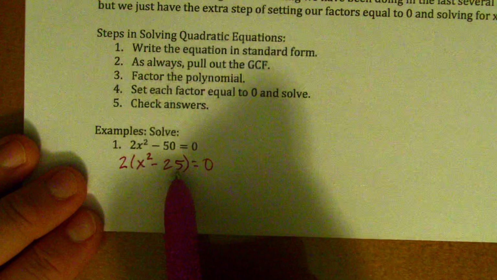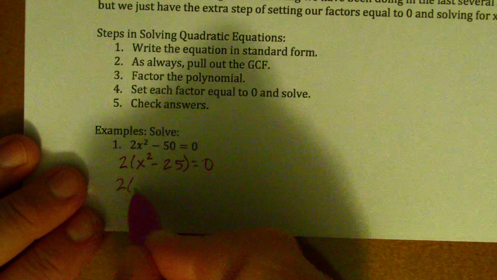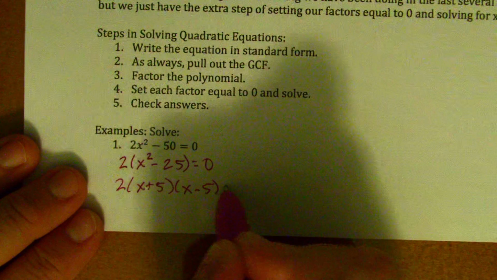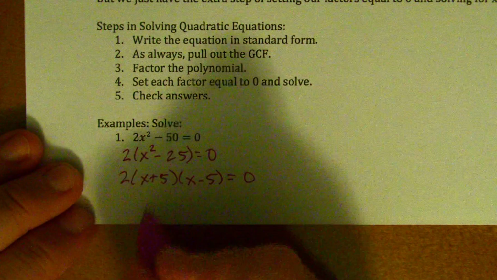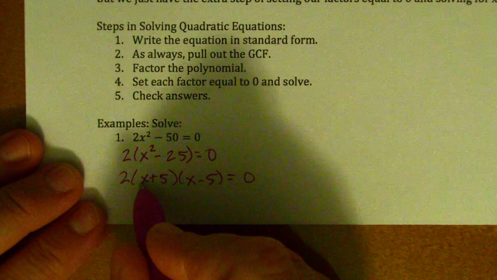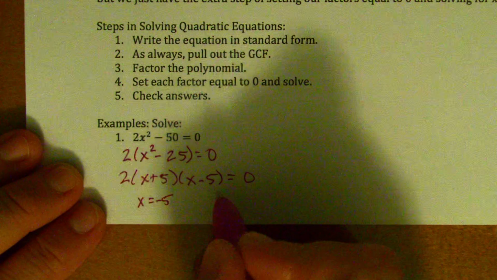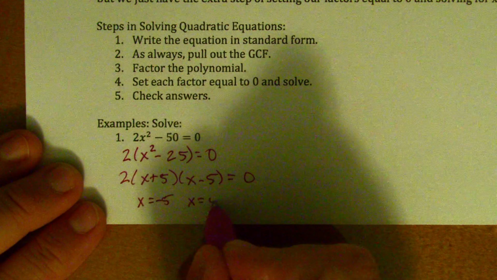And then this set of parentheses here, we can see that we have a difference of squares. So I have x plus 5 and x minus 5. And then I can go ahead and use that zero product property, setting each of those equal to 0. If I set x plus 5 equal to 0, then x is going to equal negative 5. If I set x minus 5 equal to 0, adding 5, x will equal positive 5.